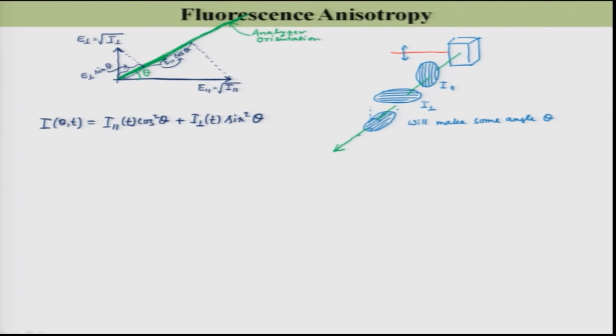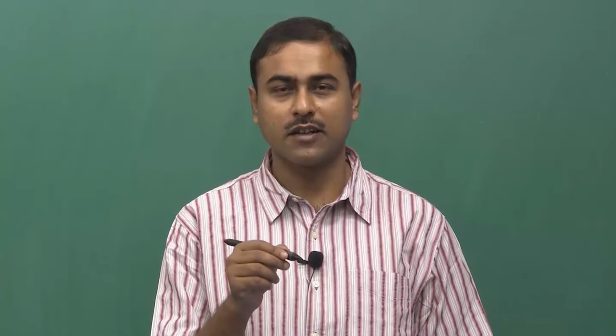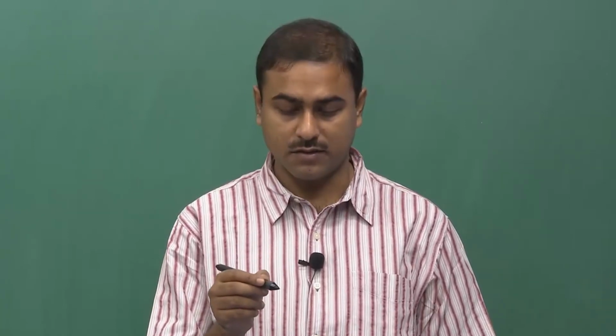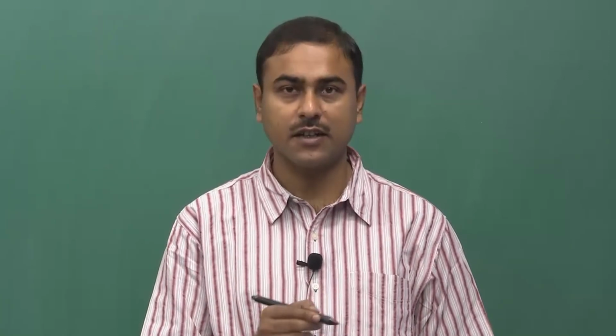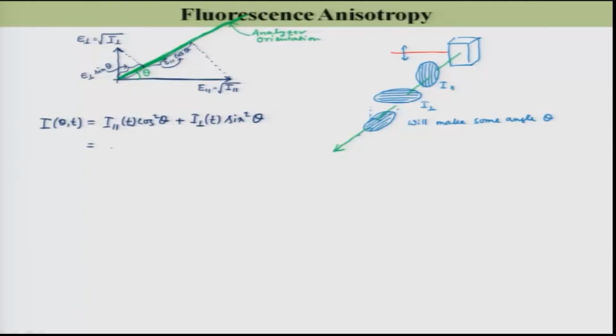plus I perpendicular t sin square theta. Now I will put the expressions for I parallel t and I perpendicular t into it, and then I will try to simplify this equation and let us see what happens.